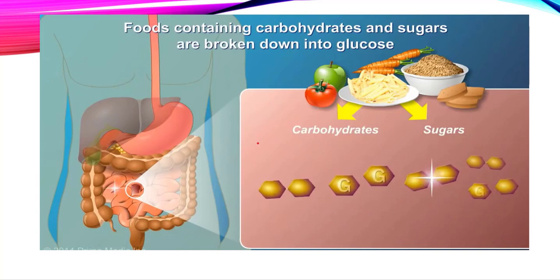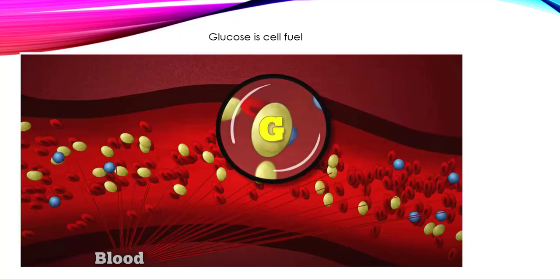When we eat, the foods that contain carbohydrates and sugars are broken down into glucose. And that's the glucose that our cells can use for energy. After we eat anything with carbohydrates and sugars, and they are broken down into glucose, that glucose ends up in the blood.